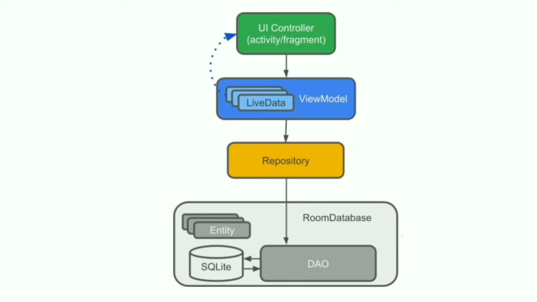Observer. An observer object is attached to the live data object and it is notified of data changes. When the value stored in the live data object changes, all registered observers are notified and they take specified actions such as updating the UI.